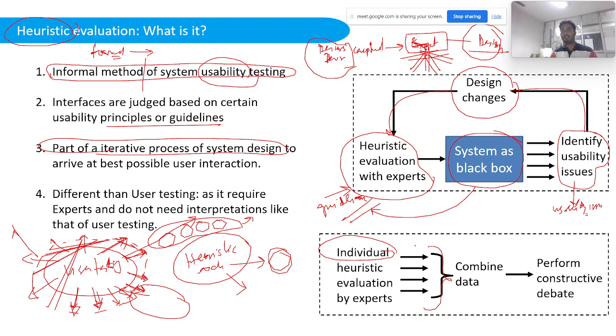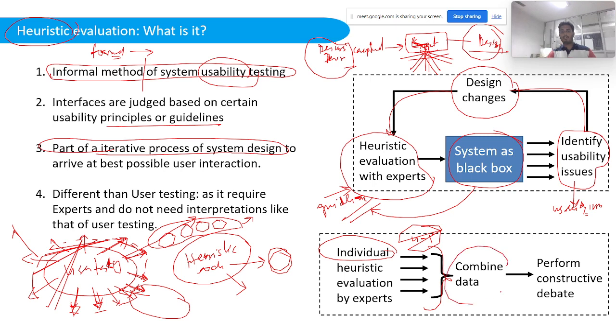Then we hire 4 to 5 experts and give them the task of heuristic evaluation, and based on certain heuristics which you think are appropriate for your system, you ask them to evaluate, and then you combine the information.